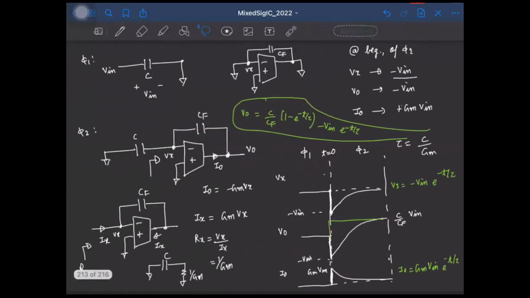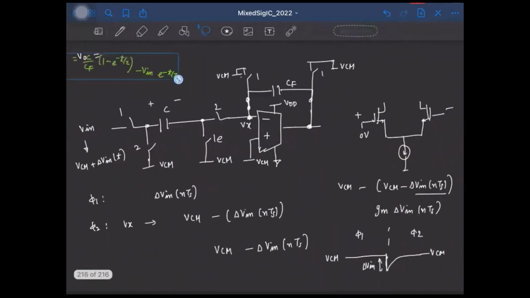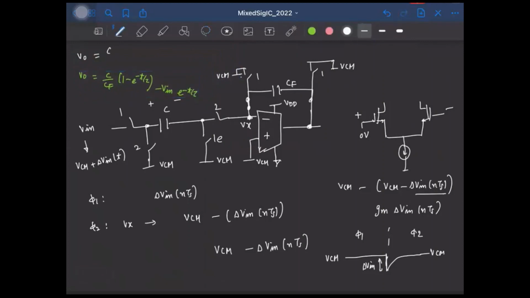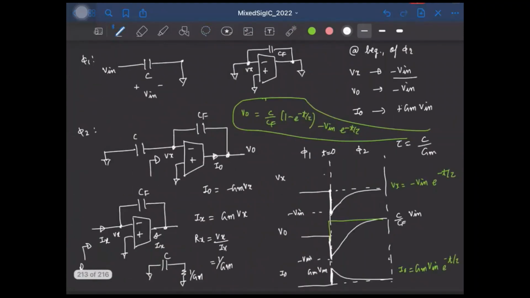So even the output voltage, how will it look? It will be same as this guy. Let me just rewrite it again. That will be C by Cf into 1 minus e power minus t by tau times, so this should have been delta Vin here.